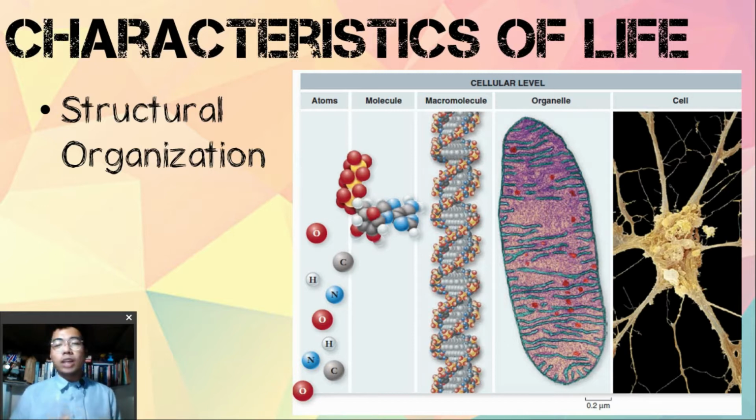Then, once the different biomolecules combine with each other, they will create the different organelles that are present within every single cell in our body. So remember, the very first level of structural organization is the cellular level.